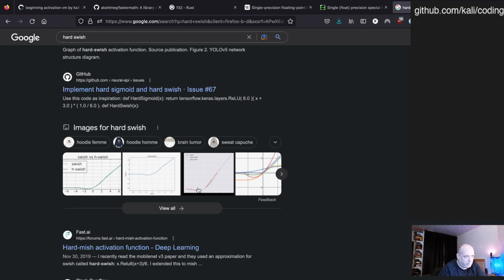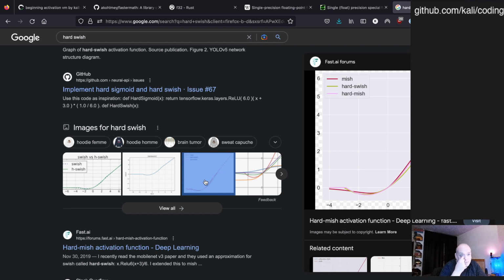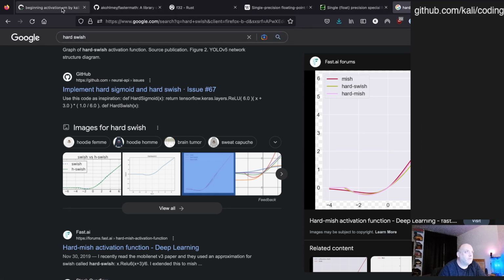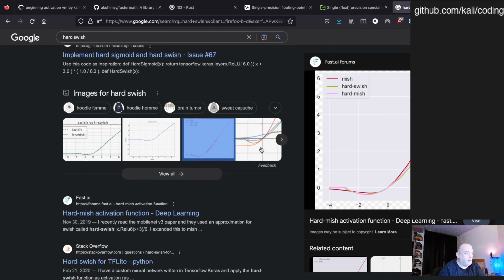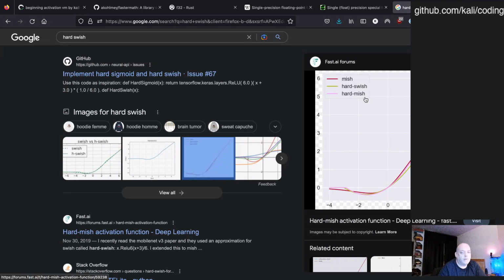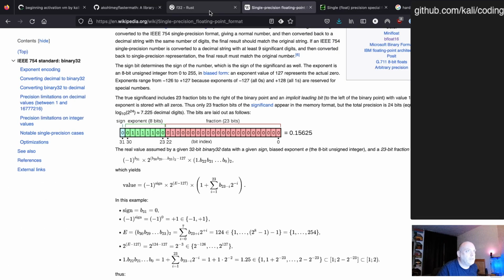And oh yeah, Mish is a very, very ugly thing, if you want my opinion, because Mish is like tangent of log of exponentiation of, I mean, it's just crazy.